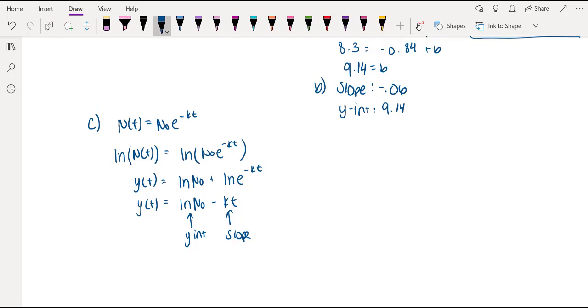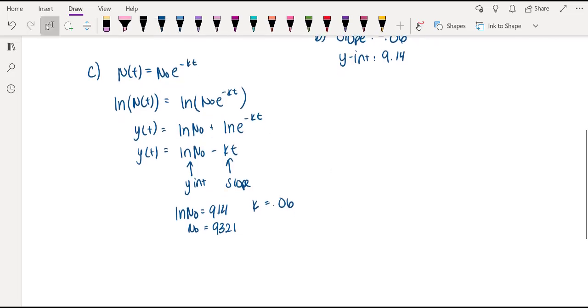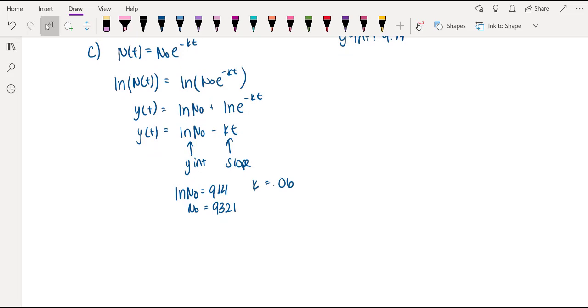So we know that the natural log of N naught equals 9.14. So N naught is approximately 9,321, and my k is 0.06, because we have a negative k, so it's positive 0.06. Cool, so now we have our values that we can plug into our model.